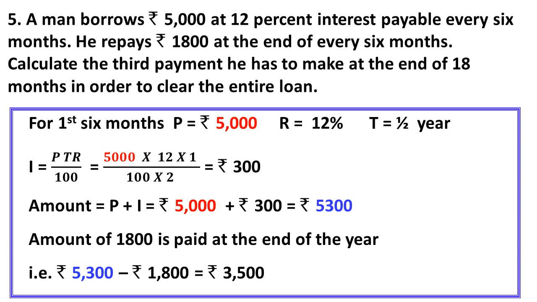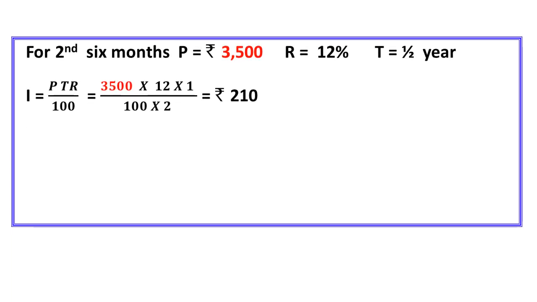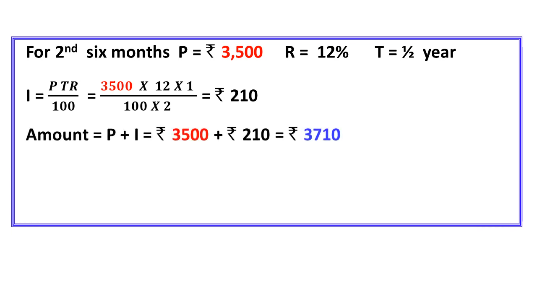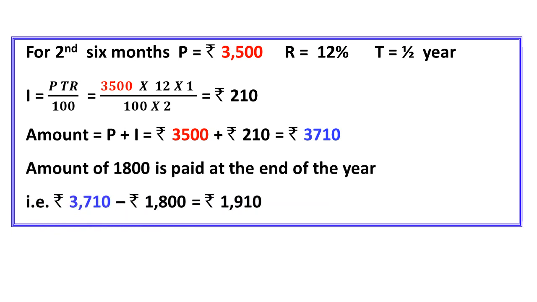So rupees 3,500 should be considered as the principal for the second 6 months, and the interest to be paid is rupees 210. Amount due at the end of the second 6 months is rupees 3,710. As he repays again rupees 1,800, the amount remaining is rupees 1,910.